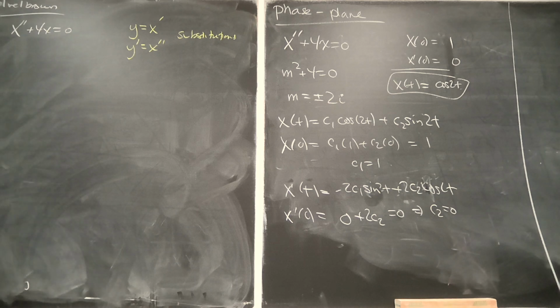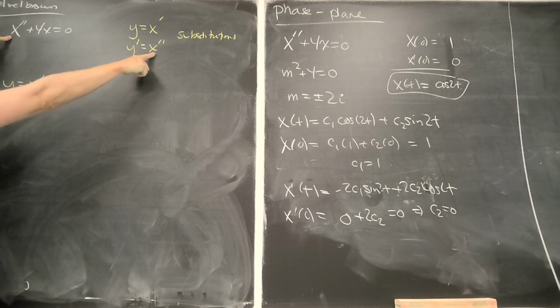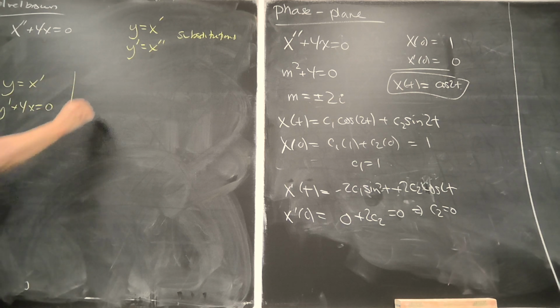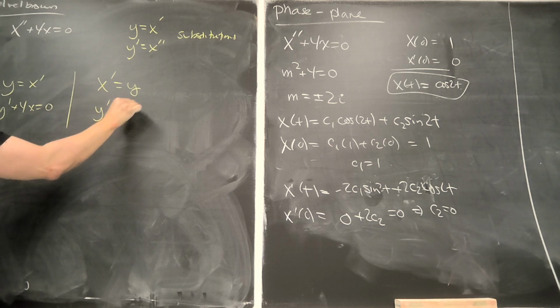If I do that, I get the equation y is equal to x prime, and then in this equation I'm going to get rid of the second derivatives by plugging in a y prime everywhere I see an x double prime. So I get y prime plus 4x is 0. In the standard form for a system, that says x prime is equal to y, and y prime is equal to minus 4x.